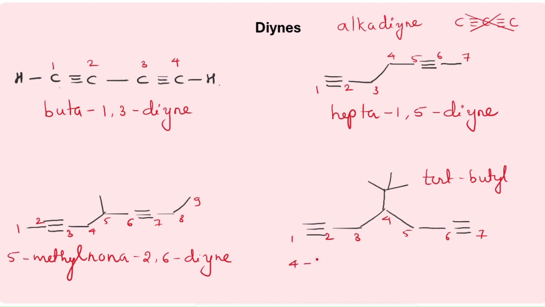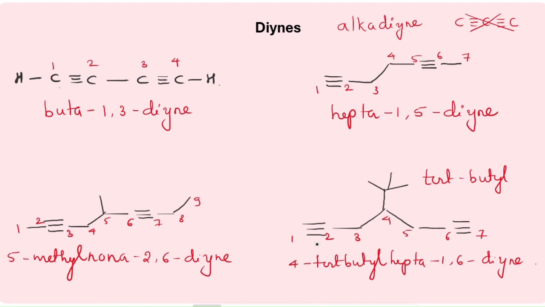So 4-tertiary butyl, and there are 7 carbons, therefore hepta, first and 6th position diyne, right? So this is how we name this molecule, but we can also name it as a dimethyl ethyl group.